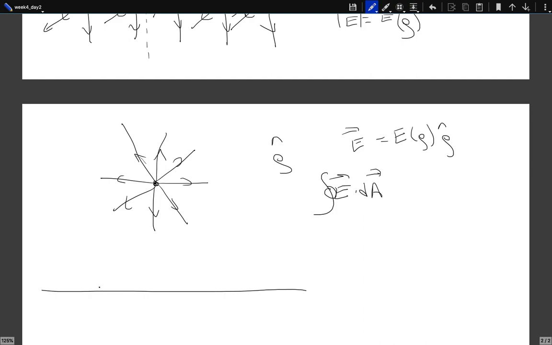So this is my wire. Around it, I'm imagining a cylinder whose radius, let's just call it rho.